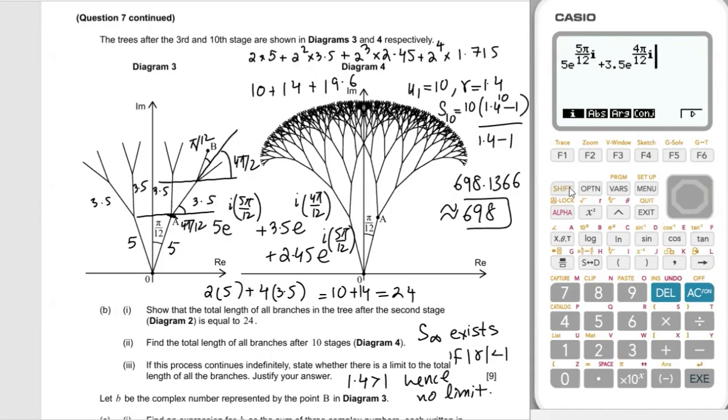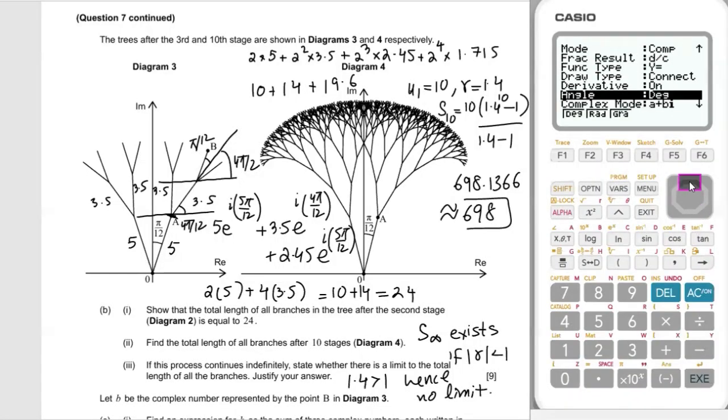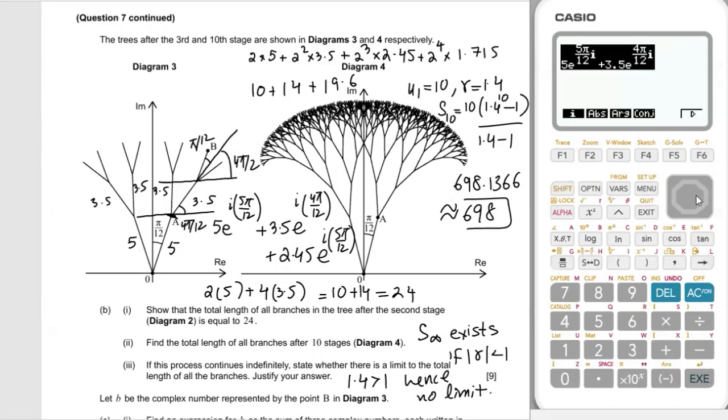So I need to check that. Shift menu. Oh, mine is in degrees. This would have just messed up all of this. So it has to be in radian if you are using the Euler form, and in any case the angles are given in radians. Sometimes you do mess up on such things.